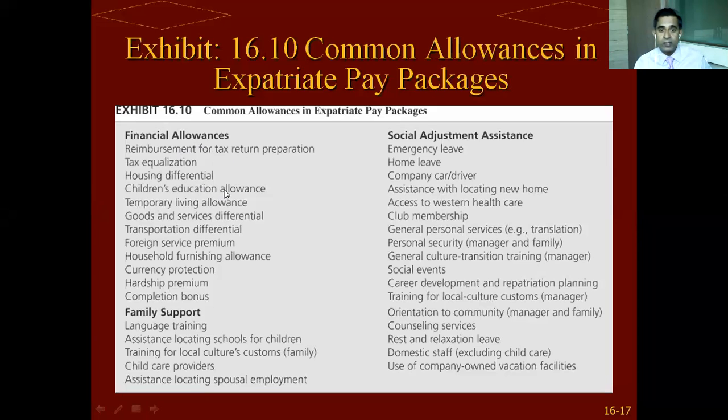Then children's education allowance. My brother-in-law has admitted his five-year-old son into a nursery school in Finland, and a certain percentage of the cost, though I do not remember exactly how much, is borne by the employer, TCS. Then temporary living allowance and goods and services differentials.